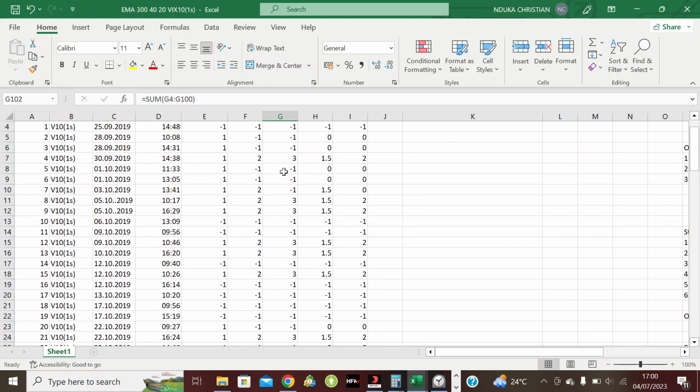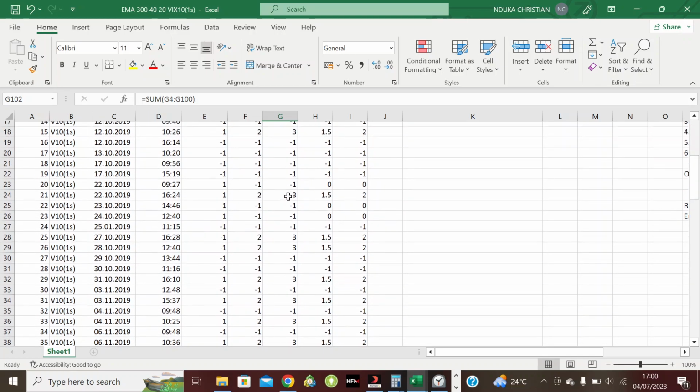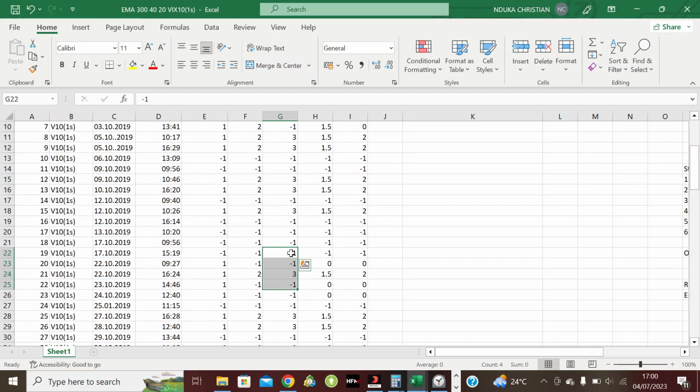The meaning of losing streak is that you keep on losing back to back. Like you start trading and you lose the first trade, lose the second trade, and lose the third trade. That is a 3 losing streak. But if it's 4, then you have 4 losing streaks. So for this one, 5 losing streak is actually the maximum.